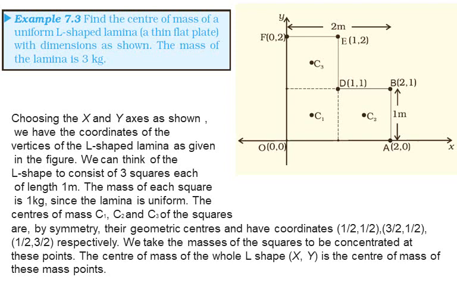We can convert this L-type lamina into 3 squares of length 1 meter each. Because they are similar, the total mass is 3 kilograms. So the mass of each square will be 1 kilogram. And their centers will be respectively C1, C2 and C3.